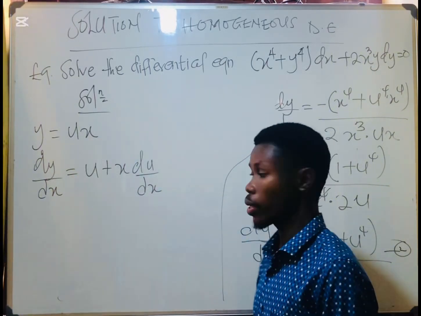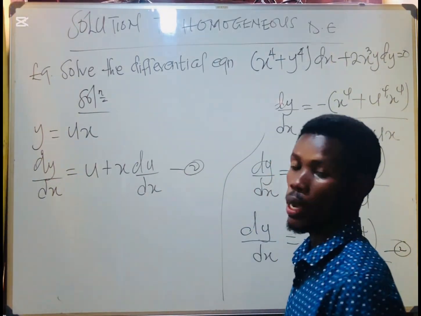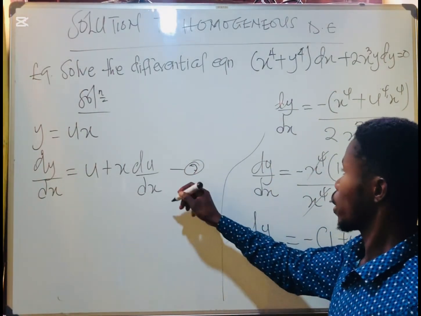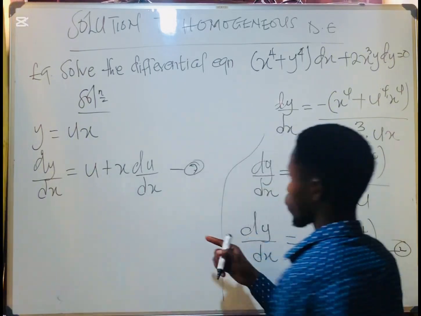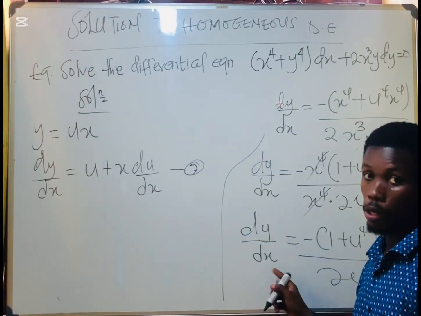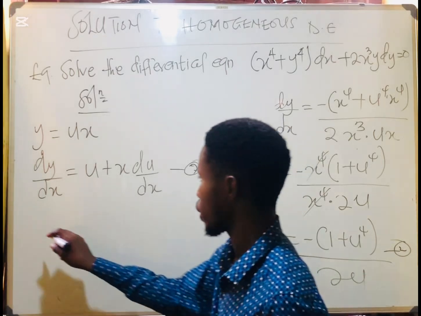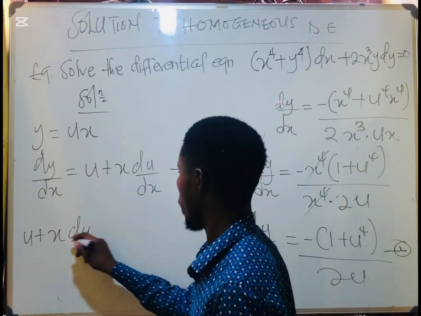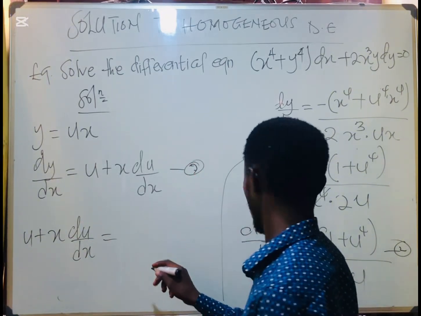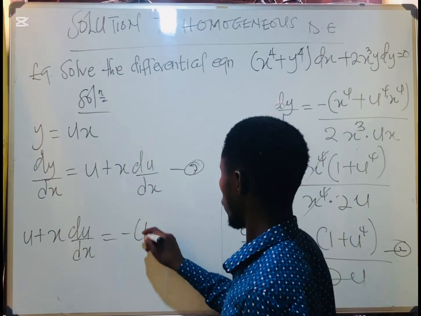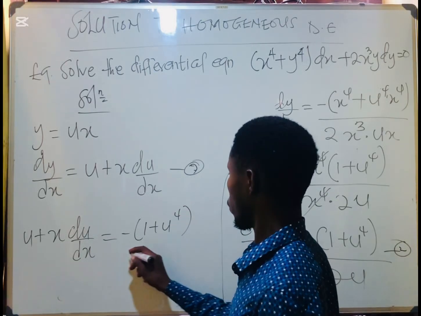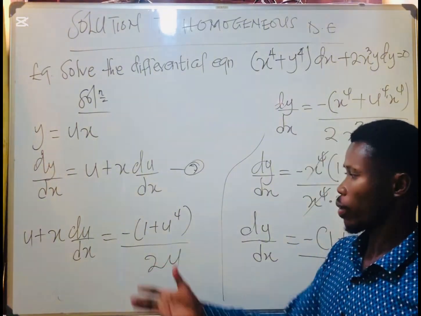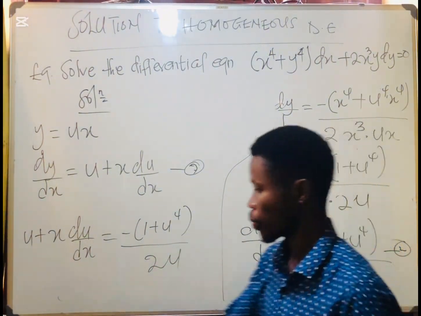This is the product rule. Let's name this equation 3. Equation 3 and equation 2 both have dy/dx, so we can equate them. By doing so, we can say that u + x du/dx = −(1 + u⁴) all divided by 2u. So this is what we have. Nice equation.